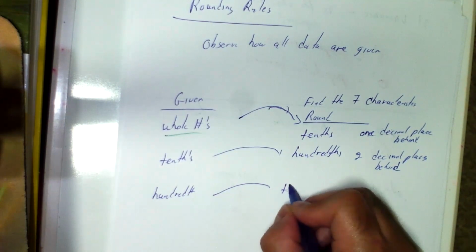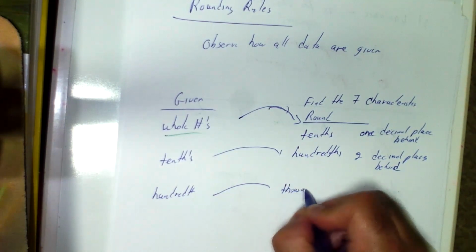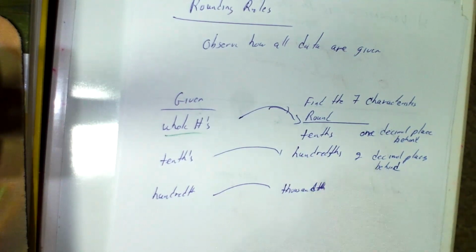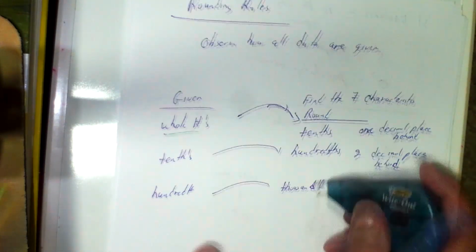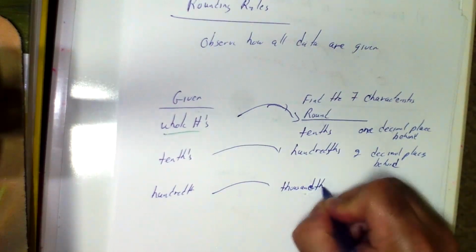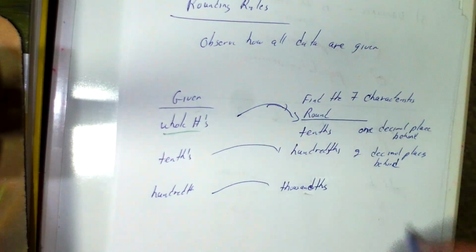Sorry, you're going to round to the thousands. Thousands. Right, that's 3.